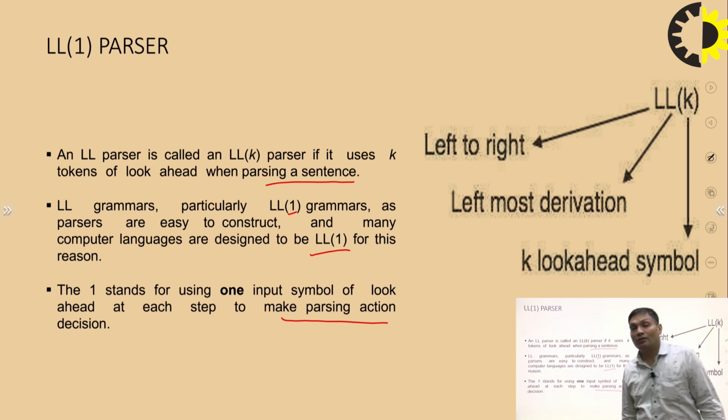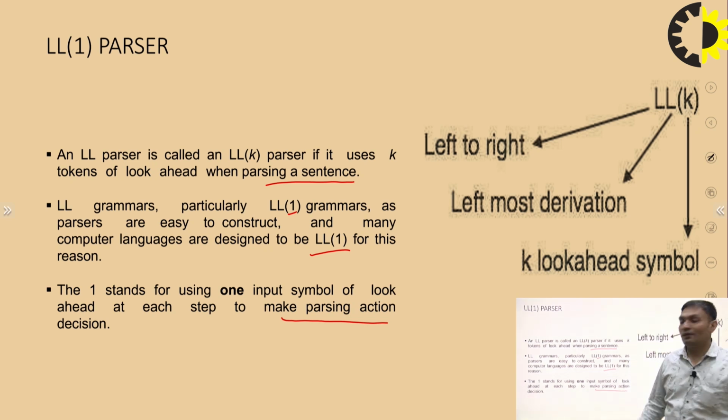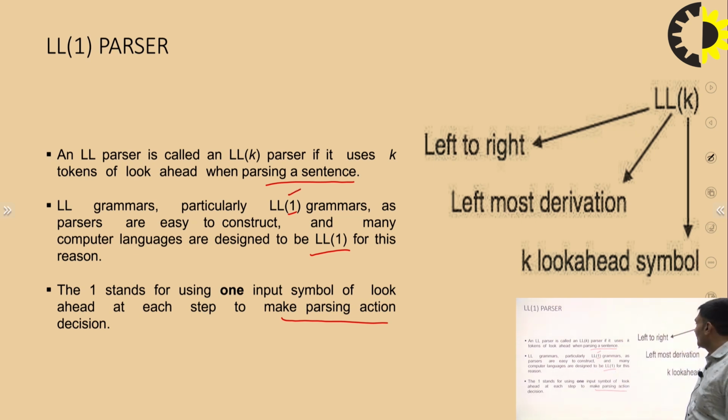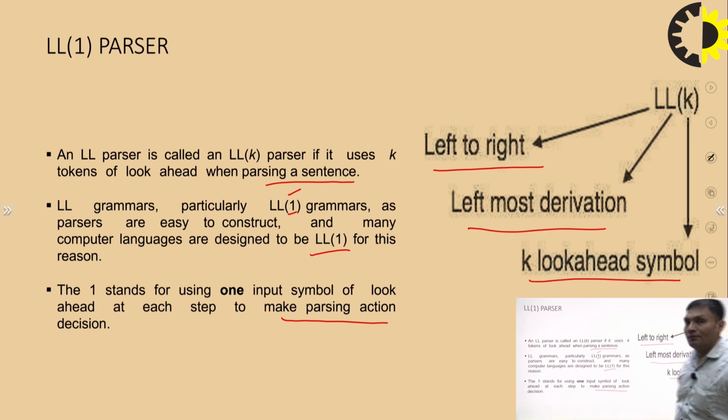If we utilize two symbols at a time, then it can be LL2. But generally we use one token at a time. So the full form of this, as I told you, is left to right, leftmost derivation, and k is the look ahead symbol.